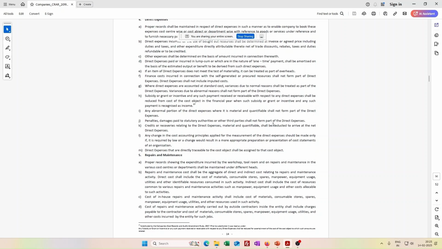So what you have to do is determine the activities of the repair and maintenance cost as per the cost incurred against those repair and maintenance activities.